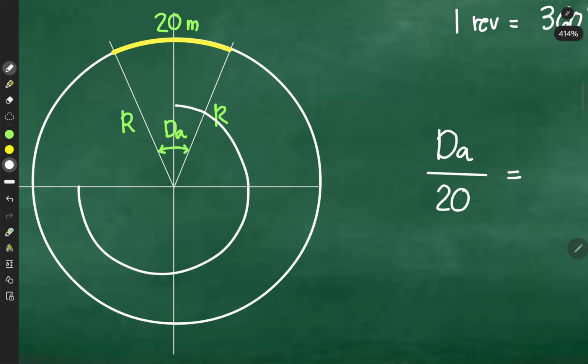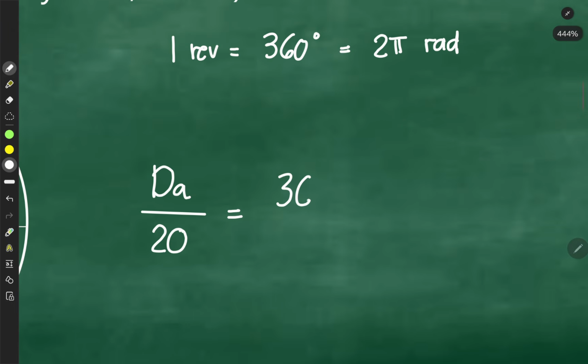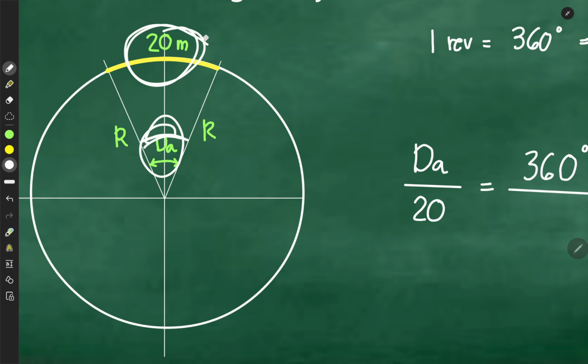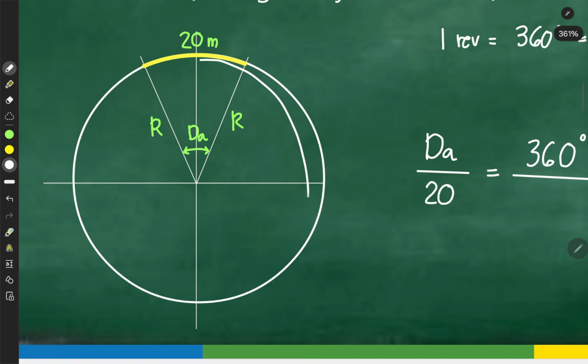Di ba alam natin, in one full revolution, that is equivalent to 360 degrees. Pero, ano ngayon yung length ng ating circle if one full revolution yung ginamit natin? Kanina, if ang angle lang natin ay dA at ang cover lang na arc natin ay 20 meters, how about if we are going to consider one full revolution or 360 degrees? Tama ba? This is just the circumference of a circle.